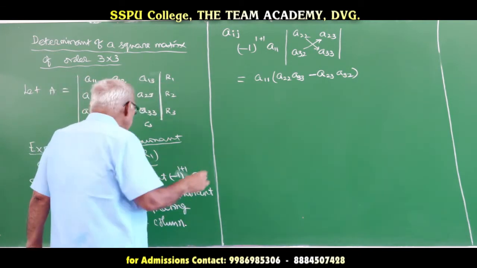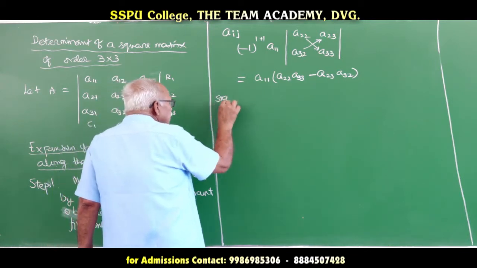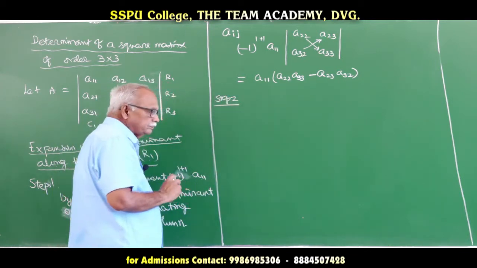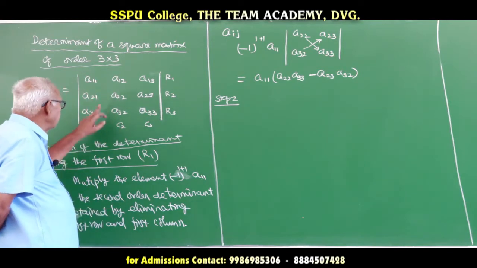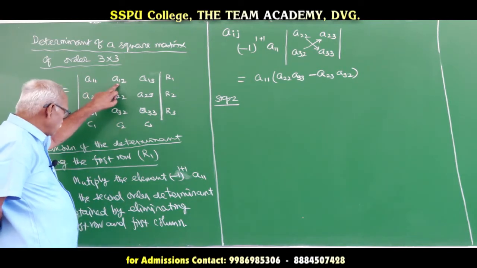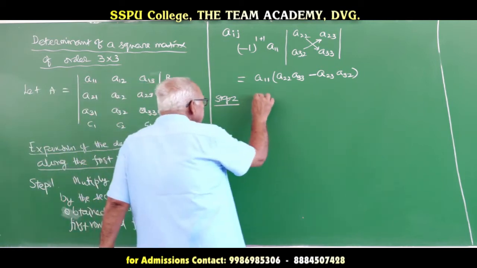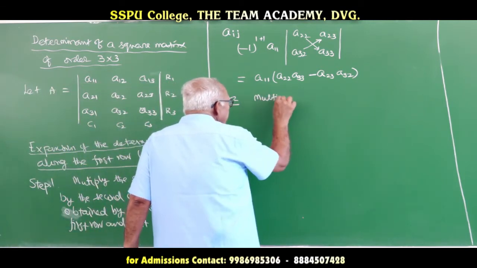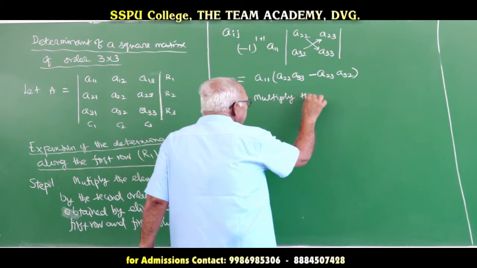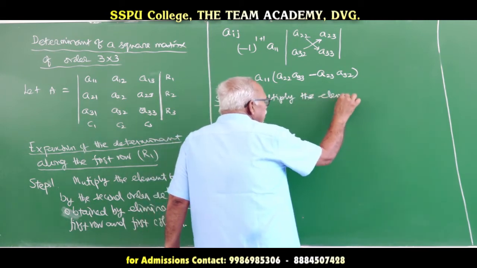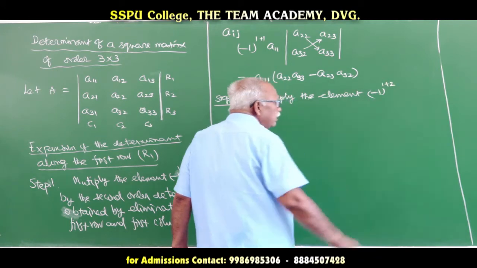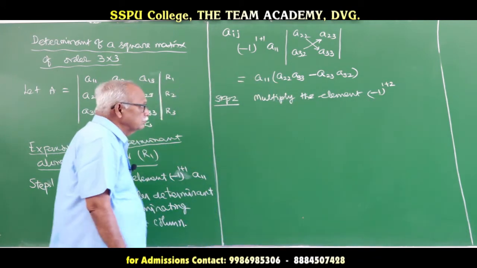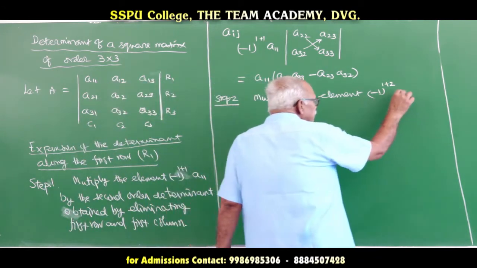Next, step 2. Now, for the element A12, multiply the element (-1) to the power 1 plus 2 A12.